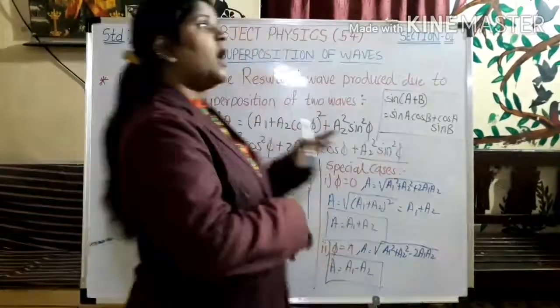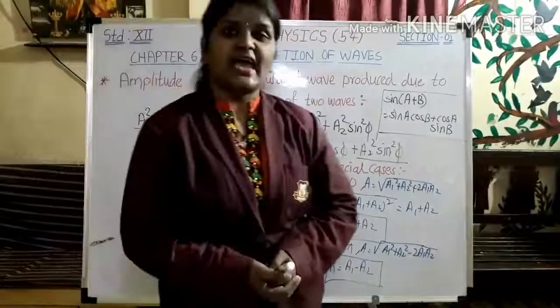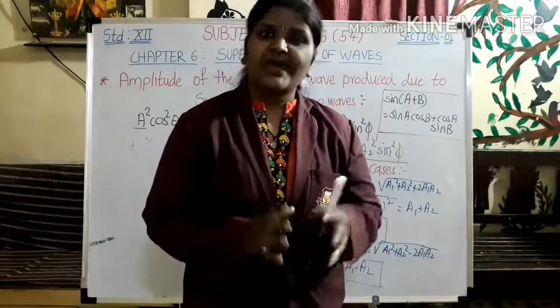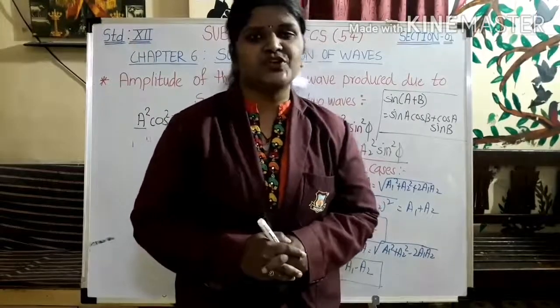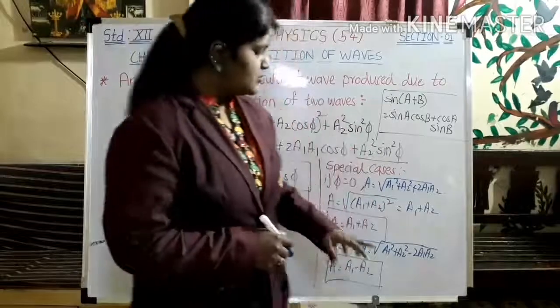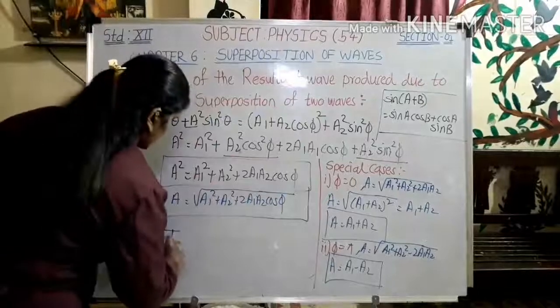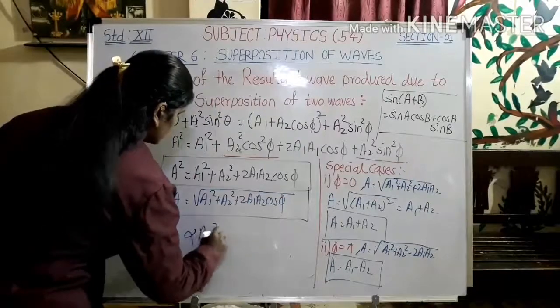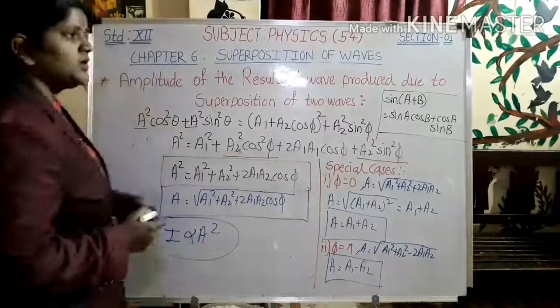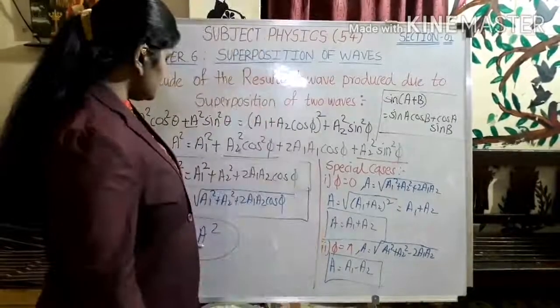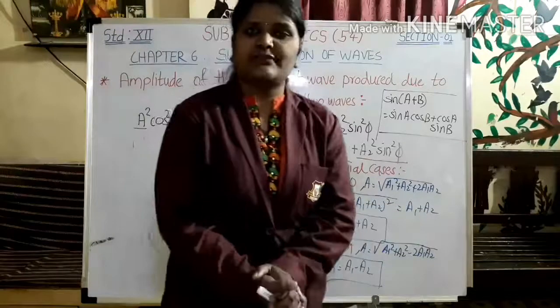Okay. Now after studying amplitude, what happens to the intensity? Actually, intensity is proportional to the square of amplitude. So I is proportional to A square. This is the actual equation of intensity. So if A is maximum, obviously I will be maximum.